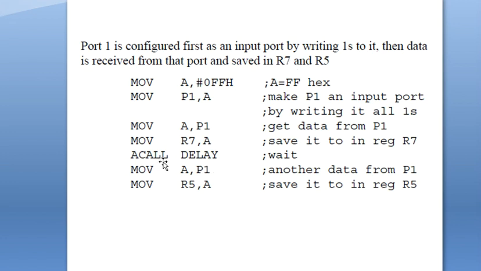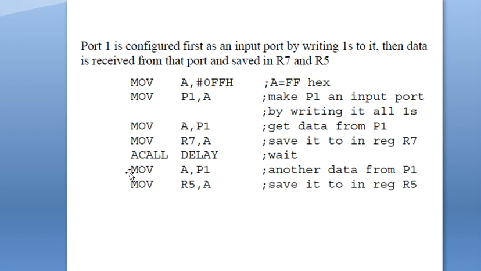So we know how this call delay works, absolute call delay. Once this has been called, the program counter is going to load with the address of the delay program. So this is a subroutine, or sub function, where the delay program is written, and the program counter is taken to that particular location and executes the delay program. Once the RET instruction is executed in the delay program, it returns back to this.